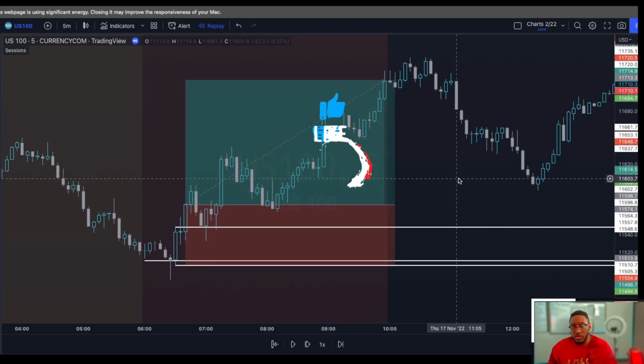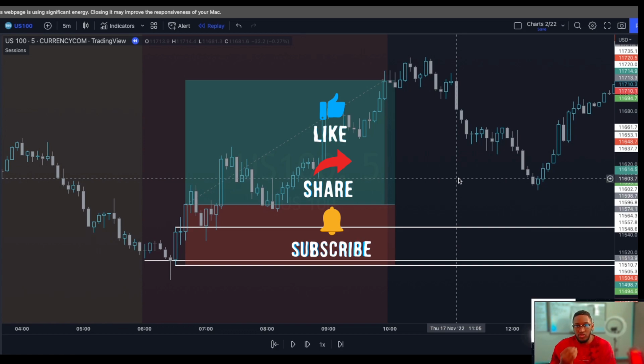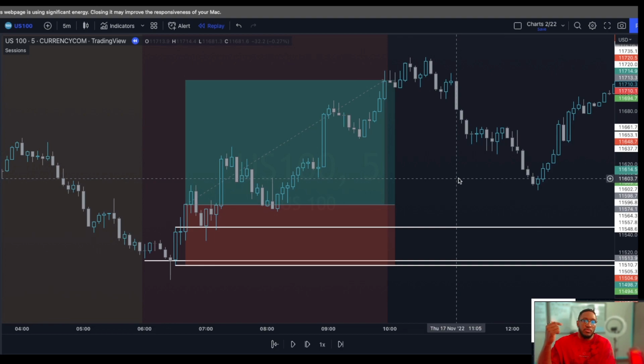I personally trade with the 50 point stop loss, 100 point take profit every morning. The reason why I do that is because I have a fixed lot size that I trade with, which is a standard lot. My current broker, Hero FX, is everything's true to size with raw spread. So we have a raw spread account, and a standard lot is $100 per point.